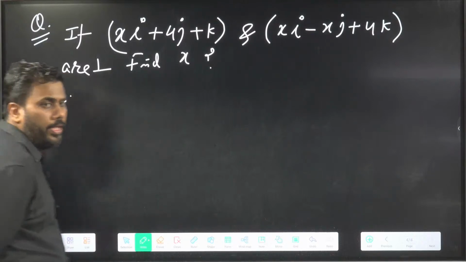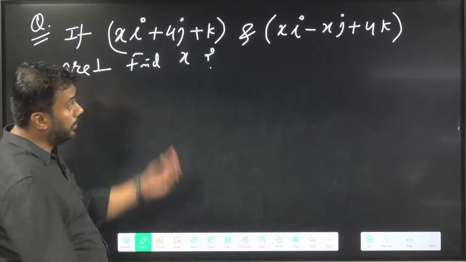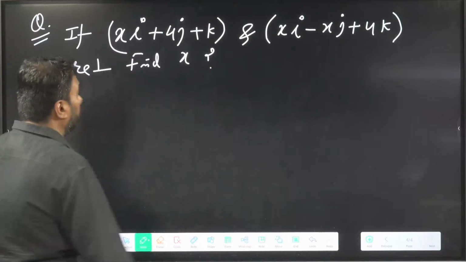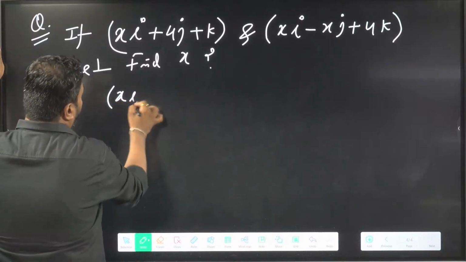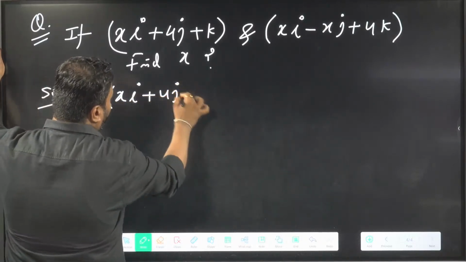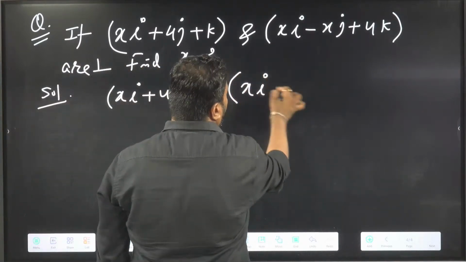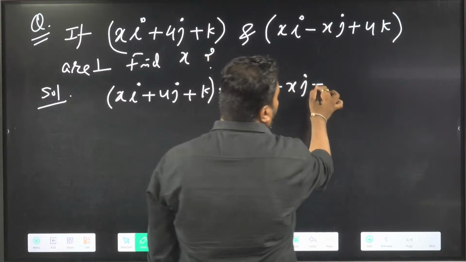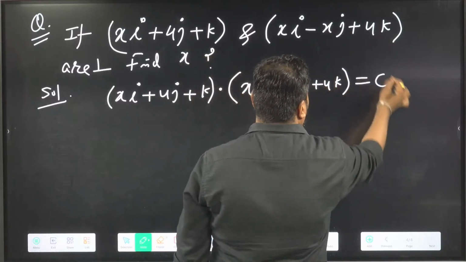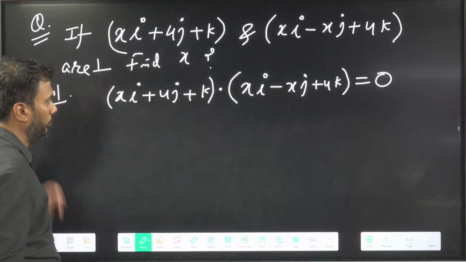If vectors are perpendicular, their dot product must be 0. So the dot product of xi plus 4j plus k with xi minus xj plus 4k is 0. The dot product must be 0.